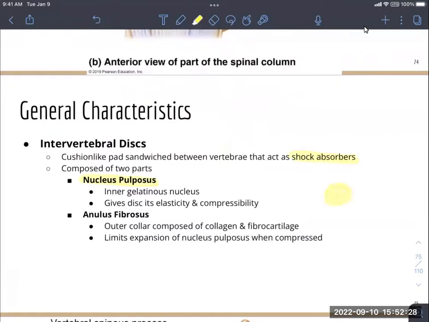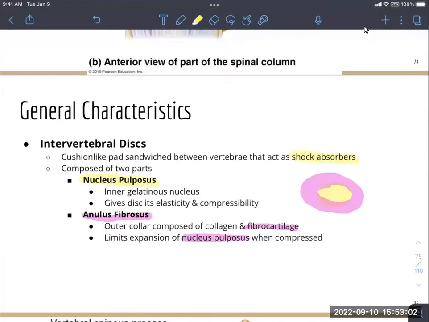Then we have the annulus fibrosus on the outside. The annulus fibrosus is where we have that fibrocartilage we've talked about, and it prevents the nucleus pulposus from traveling away from the middle. We need it to stay where it's at.